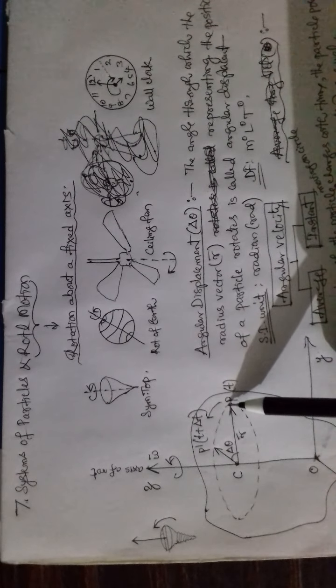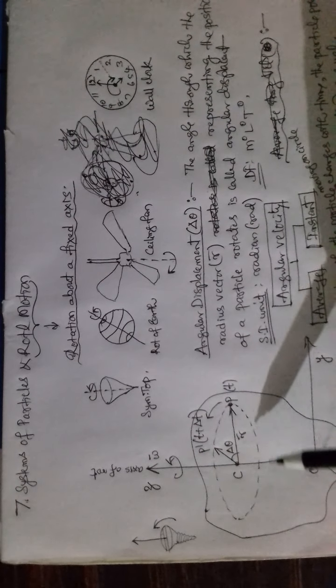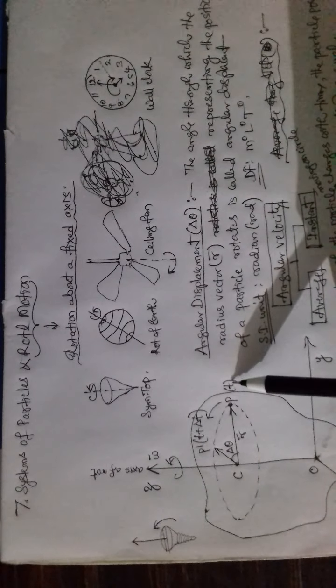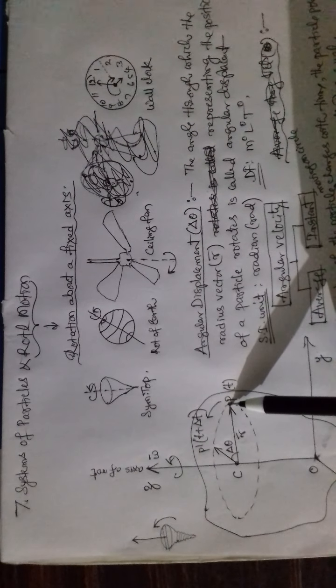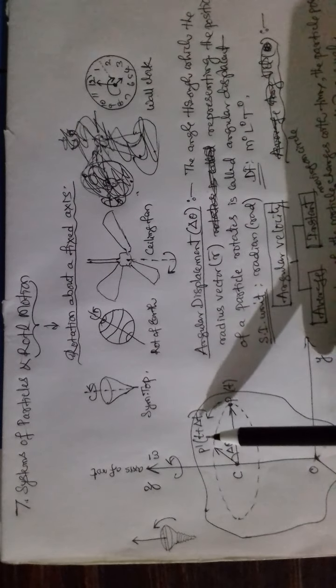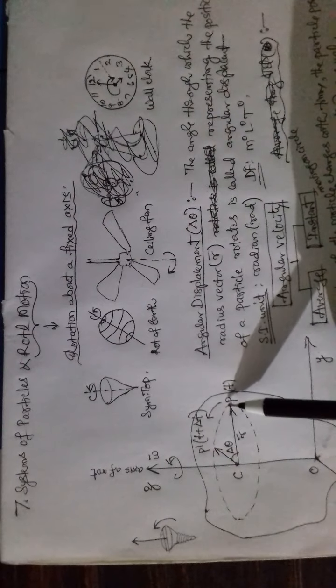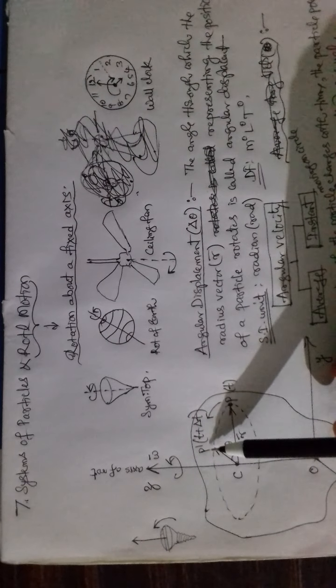As the particle is rotating about the axis, at time t the particle is here. At a time t plus delta t, that means after delta t seconds, the particle came here.